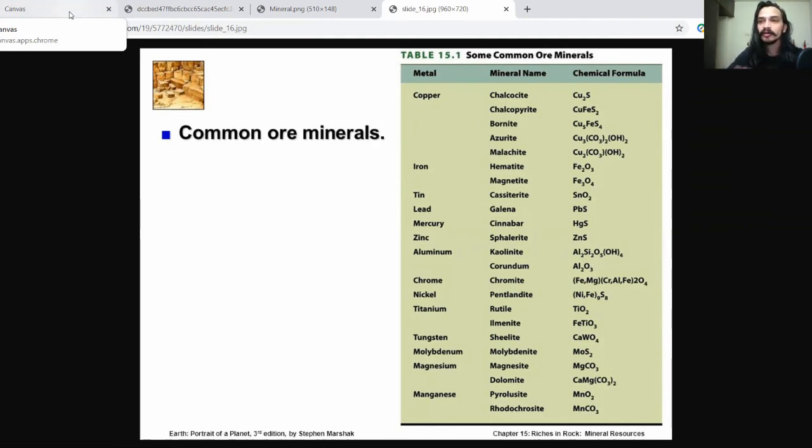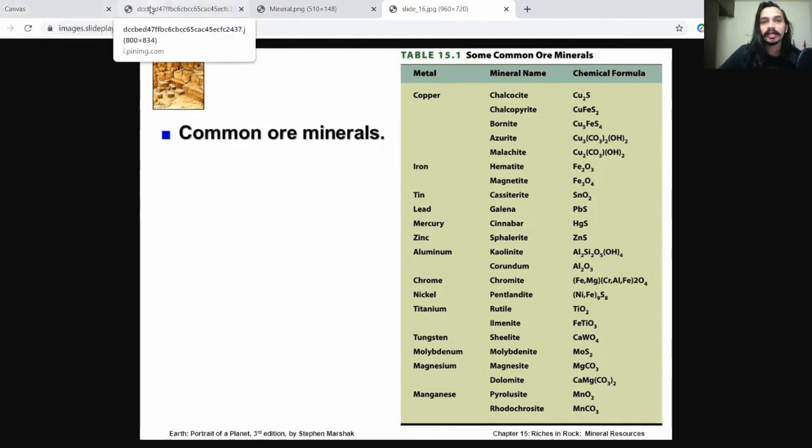Now, ores can be sulfates, can be oxides, can be sulfides, can be carbonates, can be chlorides. There are different types of metal ores. And what type of ores they are will depend on what metal it is and where it is found. And sodium is more of a chloride ore, where you find NaCl, something like that.